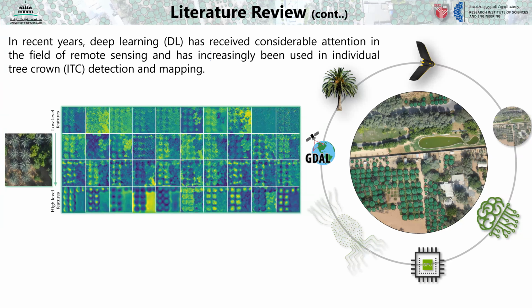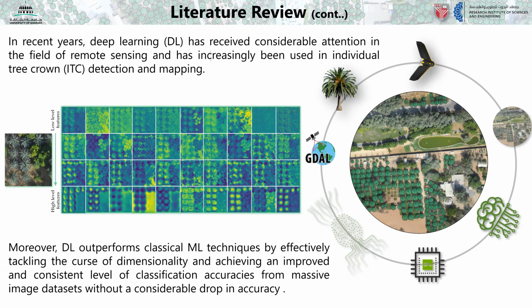In remote sensing, there are various deep learning models used in the literature, including convolutional neural networks, recurrent neural networks, autoencoders, deep belief networks, transformers, and other models.